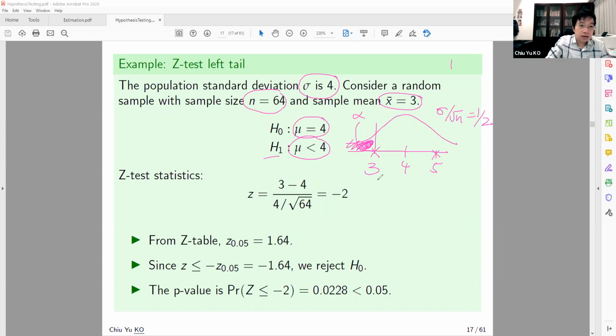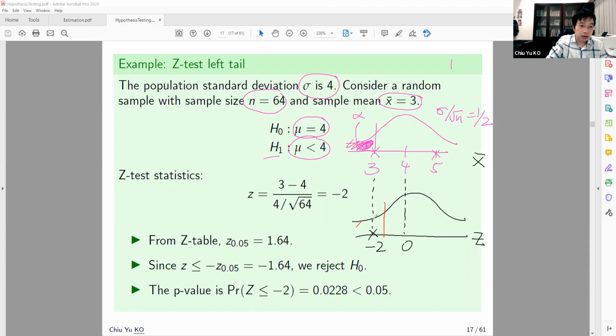One way to do it, very quickly, is to change from the X bar to the Z space. Then this 4 becomes 0, and 3 becomes -2, because (3 minus 4) over 1/2 is -2.